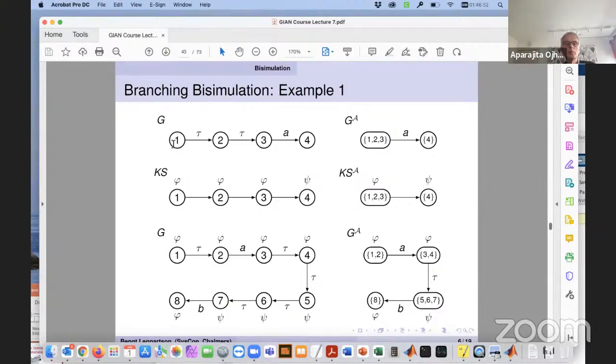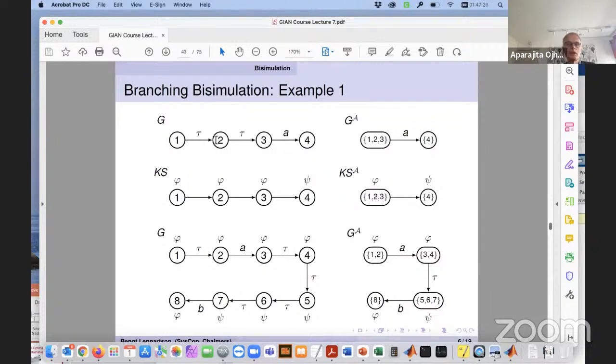That means that if I am in state 1, 2, or 3, what does it matter? From an external point of view, it's enough that I know that the system is in state 1, 2, or 3, and I can join them. And then with the visible action, I move to another state.